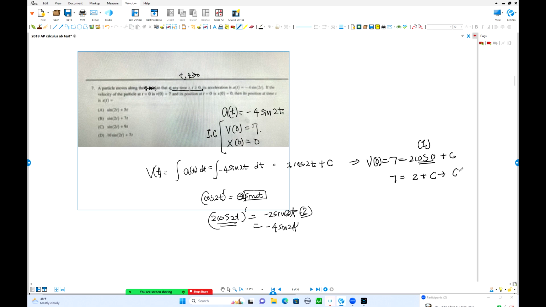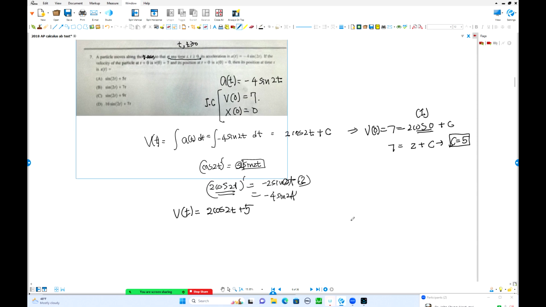From here, you can say c equals 5. So this is the velocity: 2 cosine 2t plus 5. Now we need to go one more time to get to position.